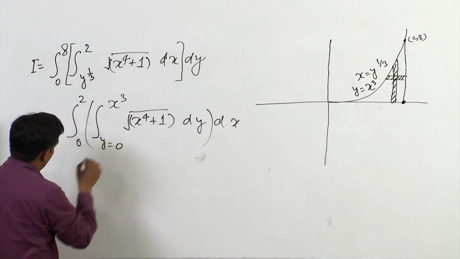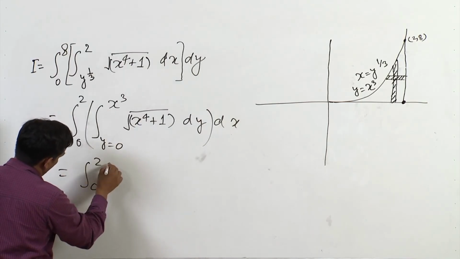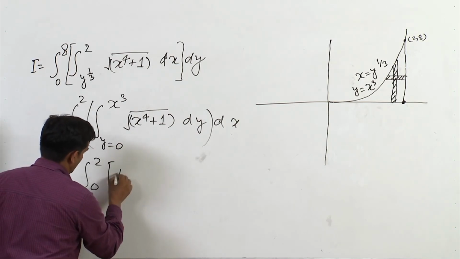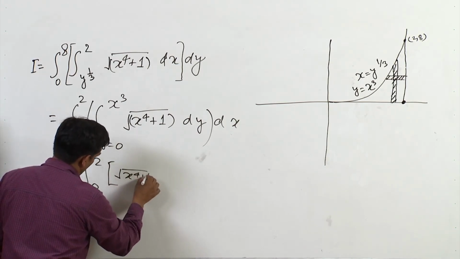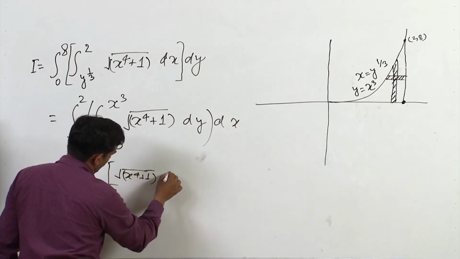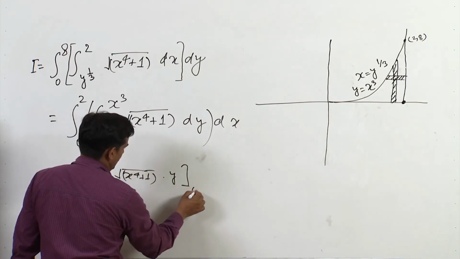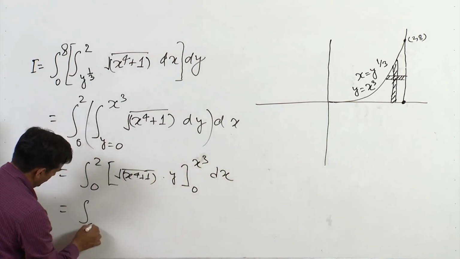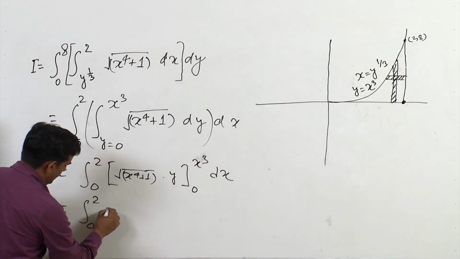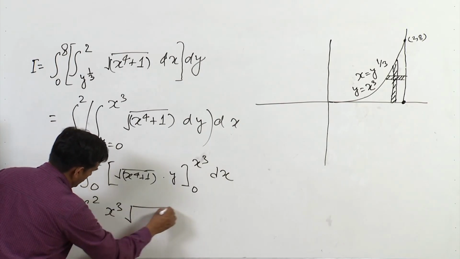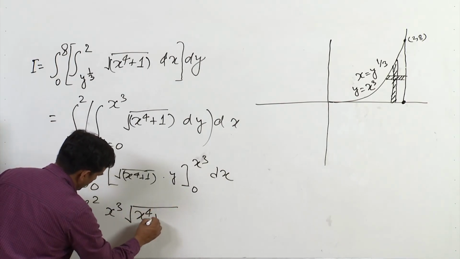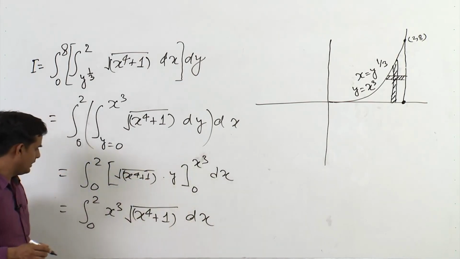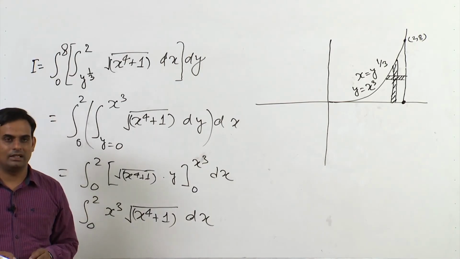Now when I integrate, it is square root of x raised to power 4 plus 1 into y from 0 to x cube, dx. Once I put the limit, this will become x cube square root of x raised to power 4 plus 1, dx, and now you can evaluate it easily.